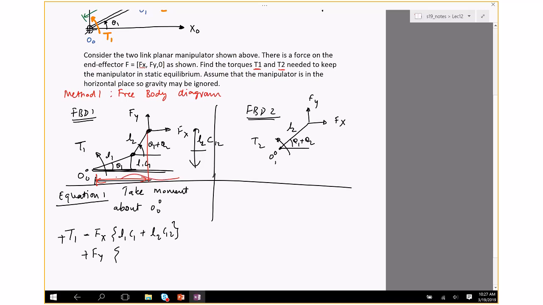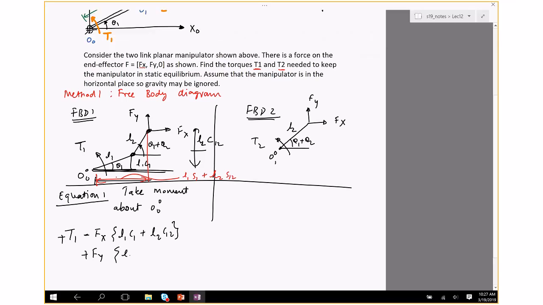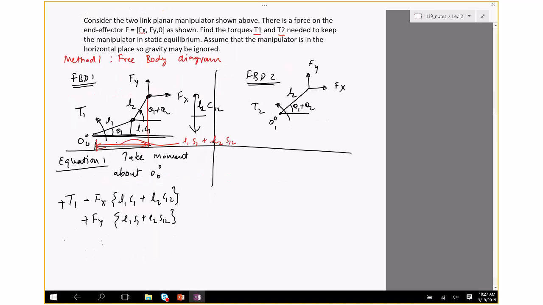That distance is going to be L1 S1 plus L2 S12, where C1 is cosine theta 1, S1 is sine theta 1, C12 is cosine of theta 1 plus theta 2, S12 is sine of theta 1 plus theta 2. So that gives me the value for torque 1, that is all equal to 0. To find the torque, I just move things around and I have T1.